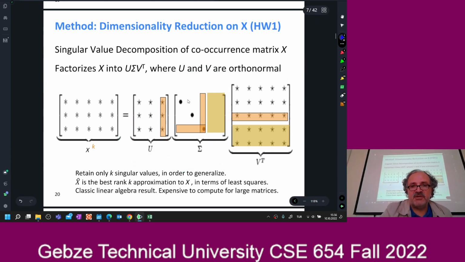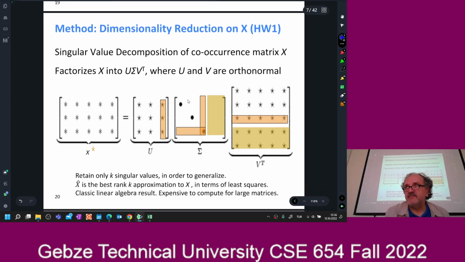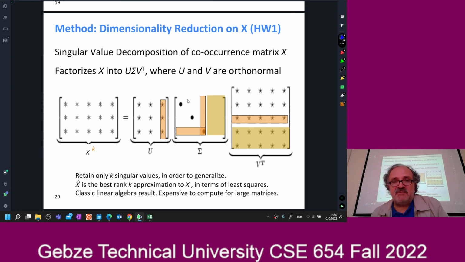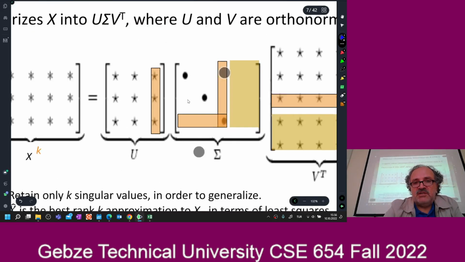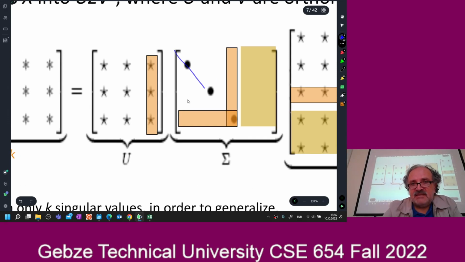One is a diagonal matrix in the middle. Diagonal means all the non-diagonal elements are zeros, and any non-zero elements are on the diagonal.